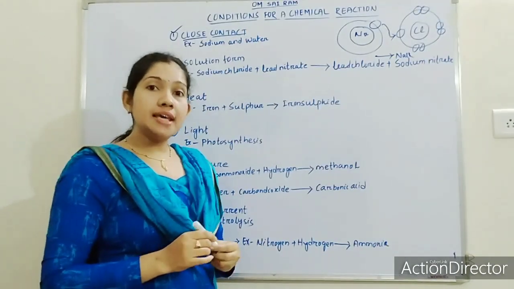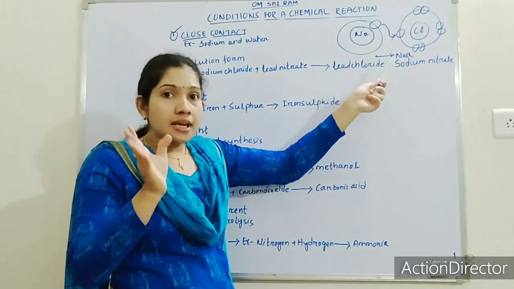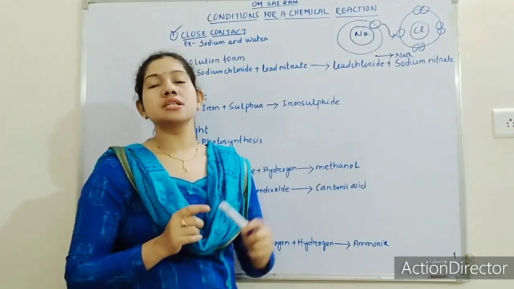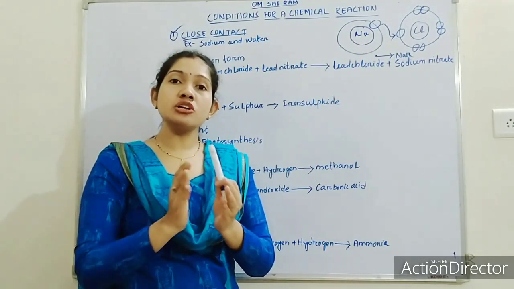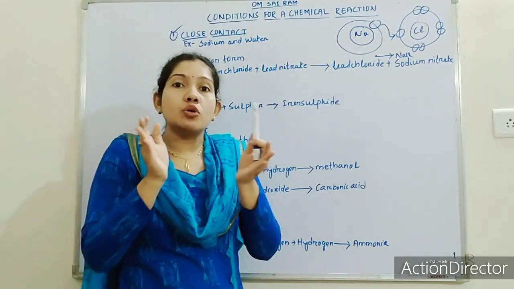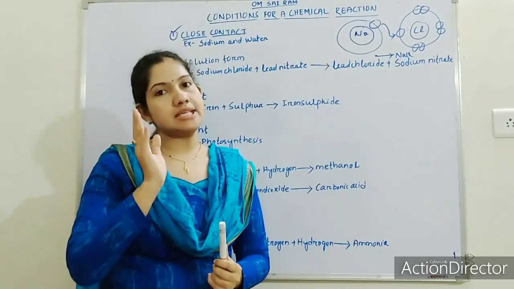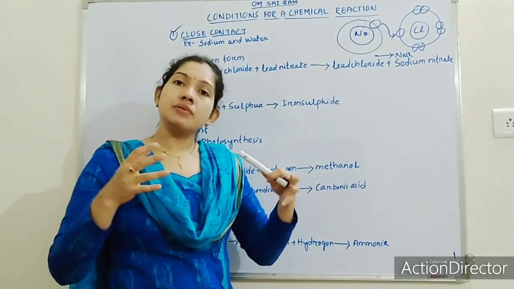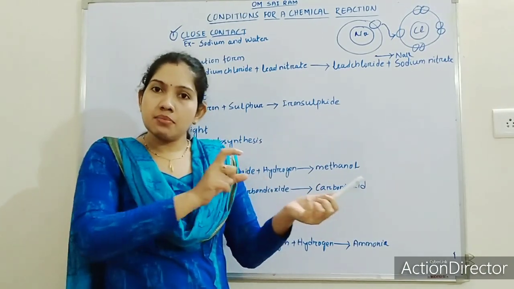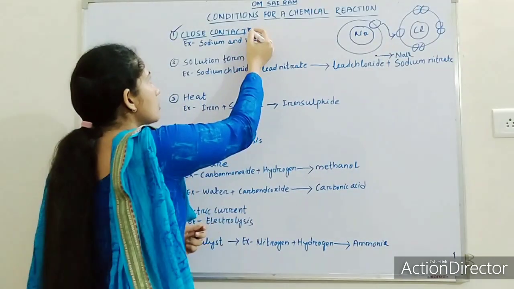My object in giving this example is to tell you that whenever a reaction is taking place, the reactants should not be far apart from each other. They should be in close contact so that the transfer of electrons will be easier, and they will have a good chemical reaction. They can undergo the chemical reaction in a very effective manner. This is known as close contact.